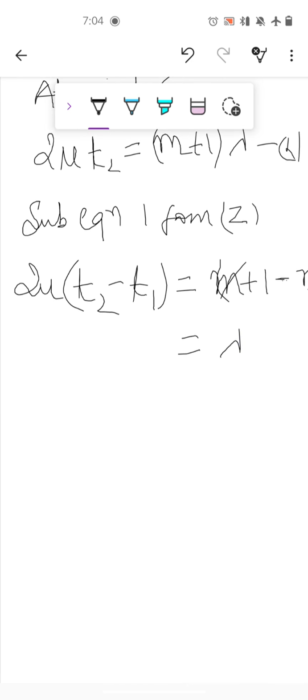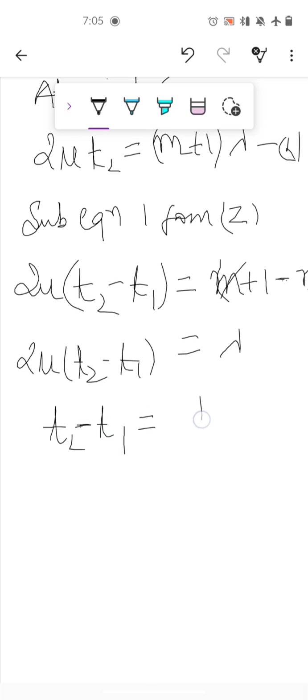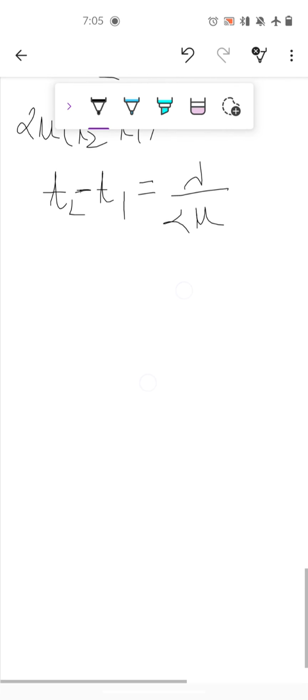So 2 mu into T2 minus T1 is equal to lambda, or we have T2 minus T1 written as lambda upon 2 mu. Now, what is T2 minus T1?